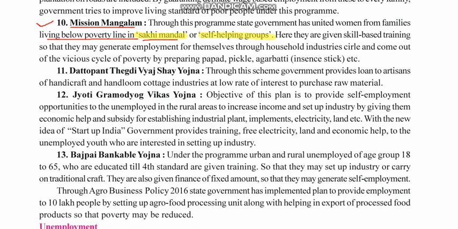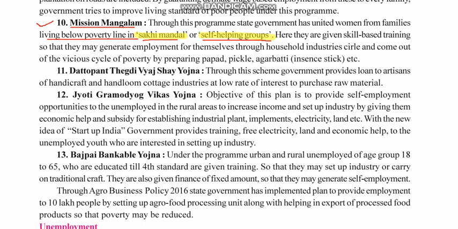Self-help group means every month, the ladies who are forming this particular group will take out a certain amount of money, and that will be put into an account created in the Sakhi Mandal's name, and they will give loans at a very nominal interest rate to the members of this Sakhi Mandal. So this is a way of helping the people, and that's why it is known as a self-help group.